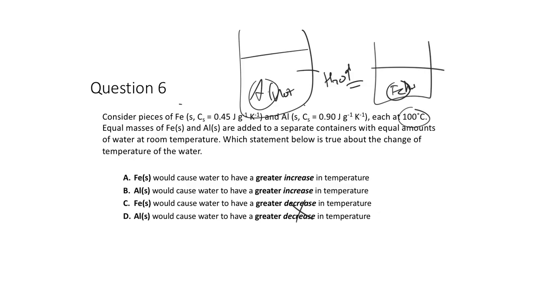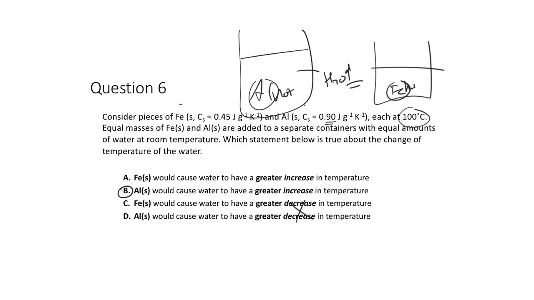It will probably take aluminum a little bit longer because it has to absorb twice as much heat. So aluminum has more heat to lose into the water. So the aluminum is going to increase water's temperature by a greater amount than the iron will.